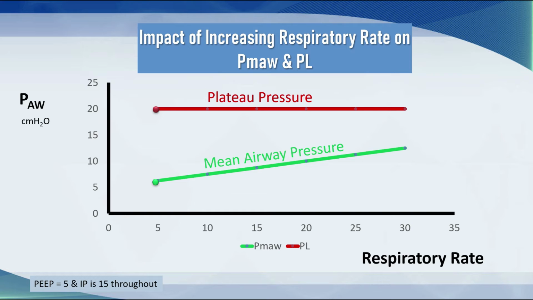And that's because with faster rates, the area under the positive pressure curve is increased. On top of that, in pressure control, we tend to lock in the inspiratory time. So with the fixed inspiratory time, every time you increase the respiratory rate, the expiratory time goes down. And so the relative ratio of inspiration to total cycle time in the calculation increases.